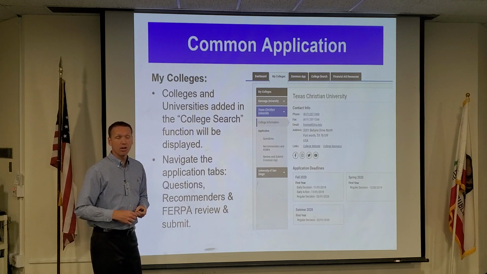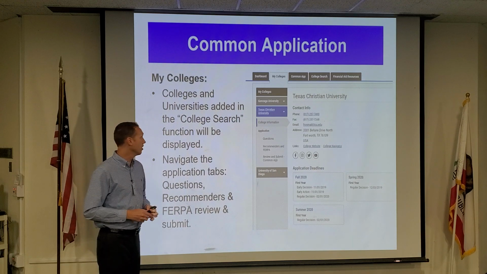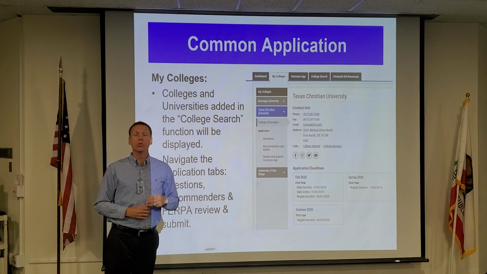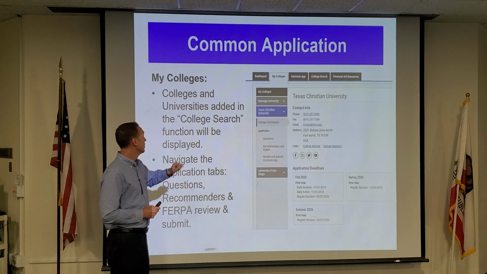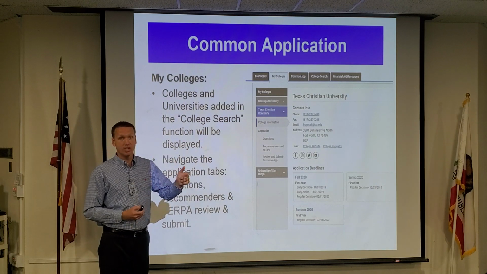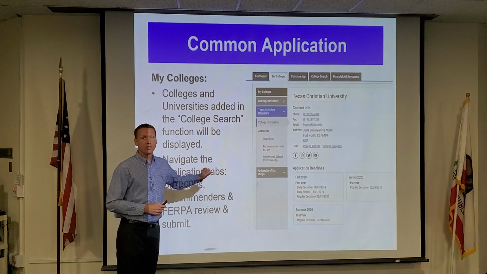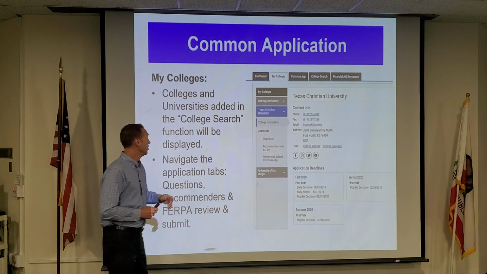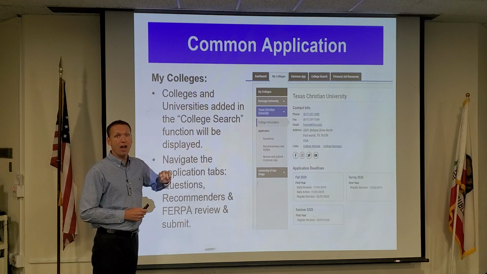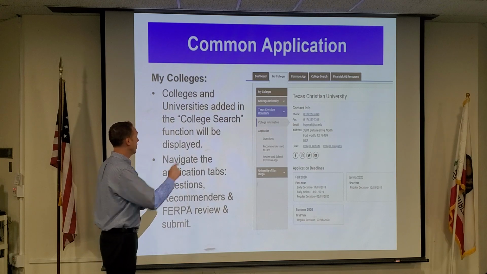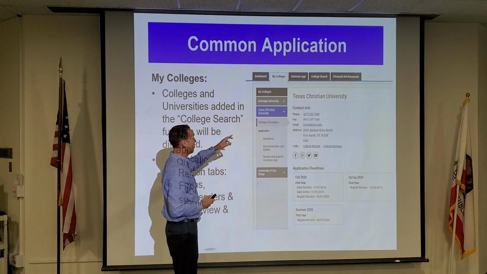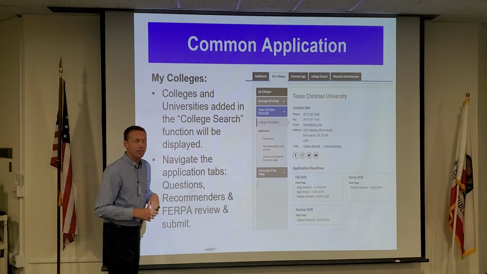I'm a senior in your class this year, and I'm applying to 3 schools that specifically use the Common App: Gonzaga, Texas Christian University, TCU, and USD, University of San Diego. So you can see here on the screen behind me that I searched those 3 schools, selected and saved each individual campus, and they are now loaded under the My Colleges tab.